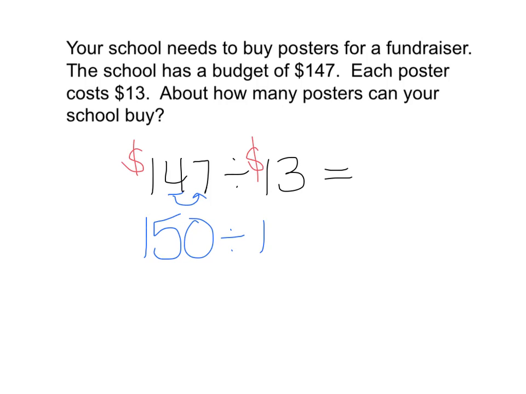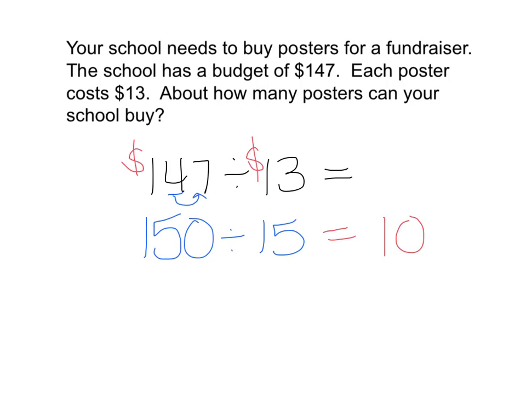Because I see that I have a 1 and a 5 here and a 1 and a 5 here, and I know that I can work with those numbers based on my 10 pattern. So I think to myself, how many times can 15 go into 15? Well, 1. And then I bring over my 0.